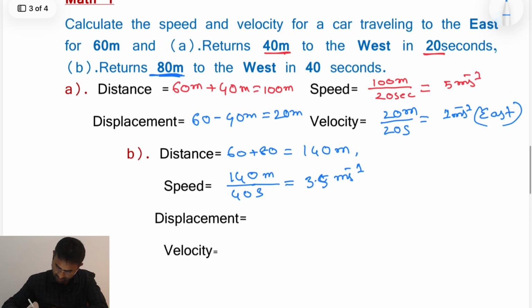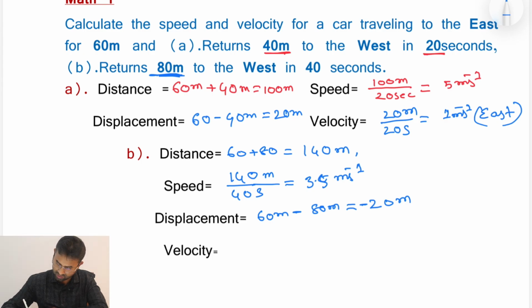This negative sign means that the end point is opposite to the starting point, that is the end point is to the west with respect to the starting point, and the displacement is 20 meter and its direction is west.